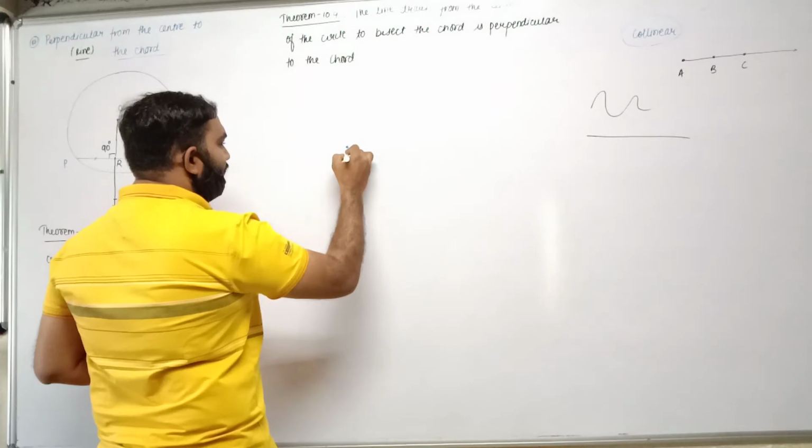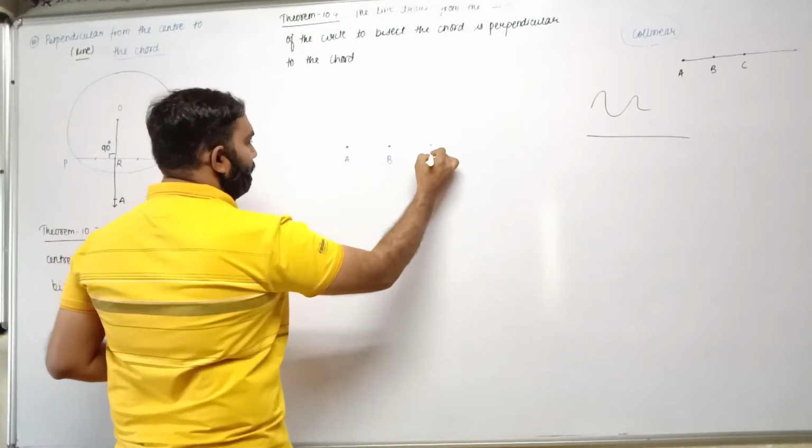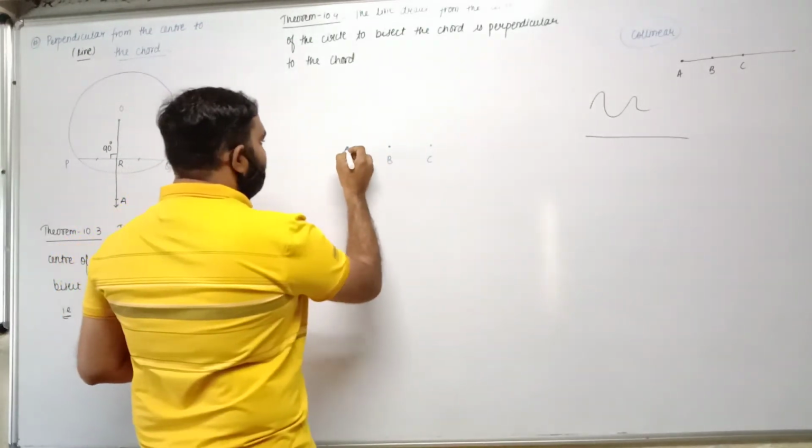Now, can you draw a circle which is made such that all these 3 points are covered on the circle? Give it a try. See how I am explaining. If I am having these 3 points A, B and C, these are collinear.